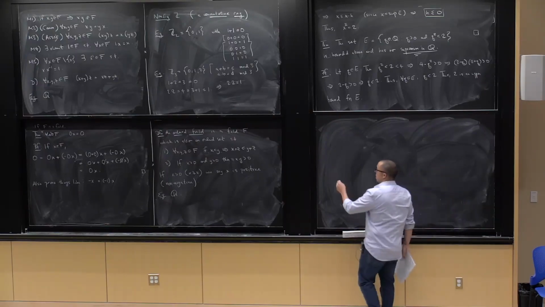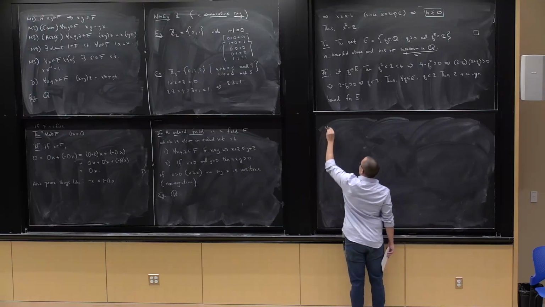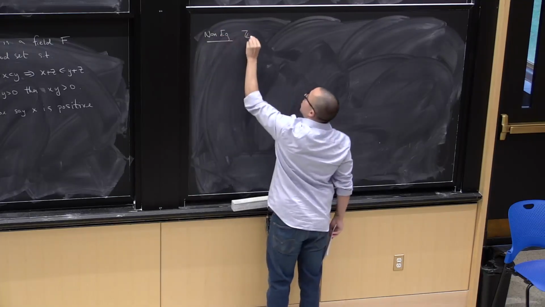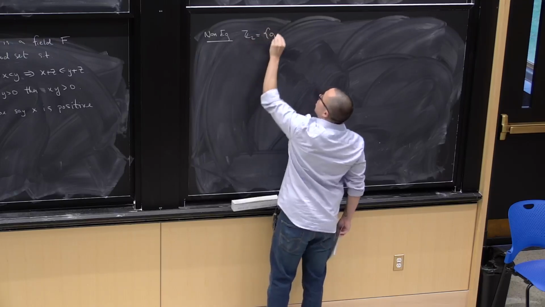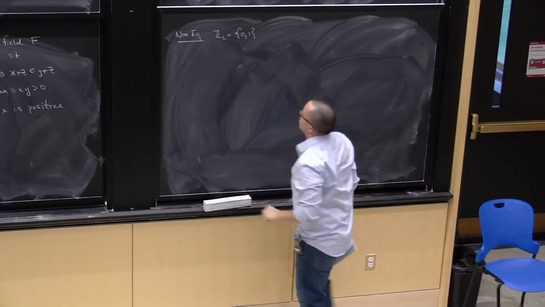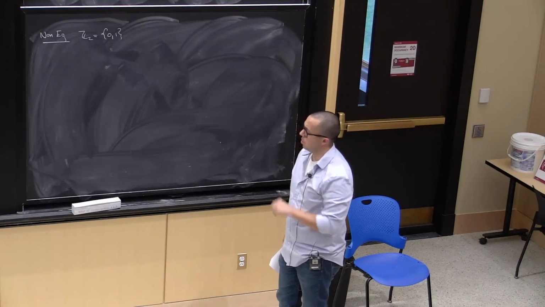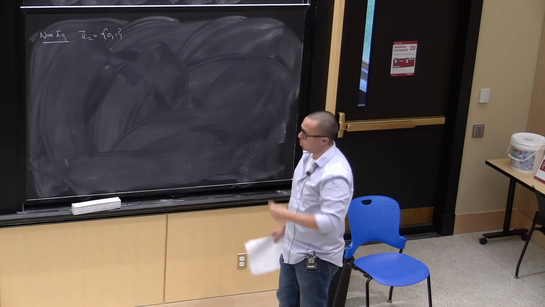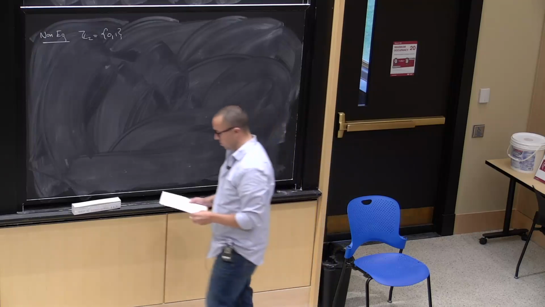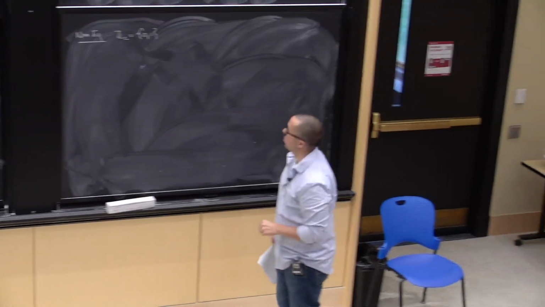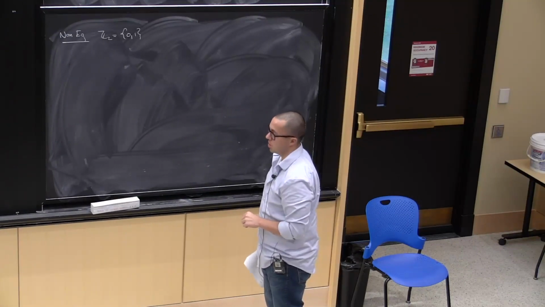So a non-example is this field here, 0, 1. If I put an order on this, either 0 is less than 1 or 1 is less than 0.